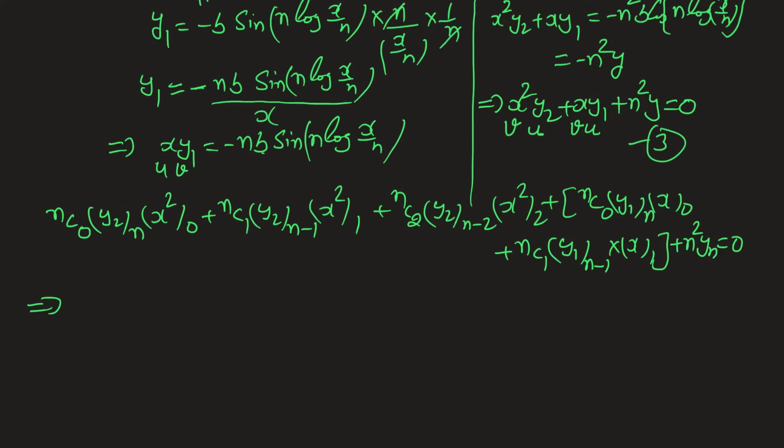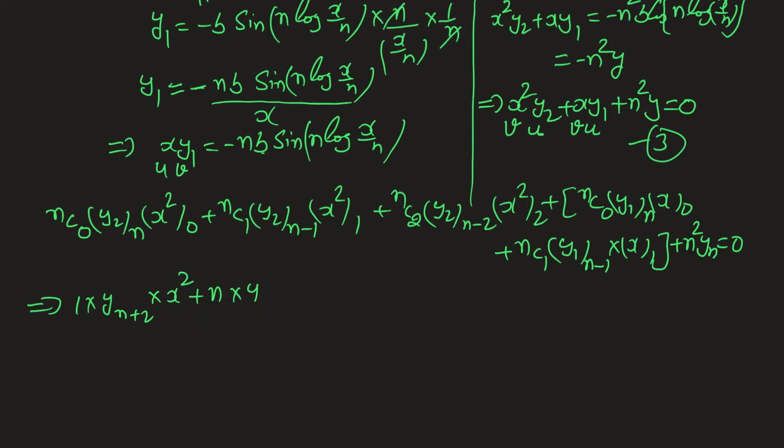This implies that nC0 is 1, and y2 differentiated n more times will be y_{n+2}, and x0 order is x square as such.